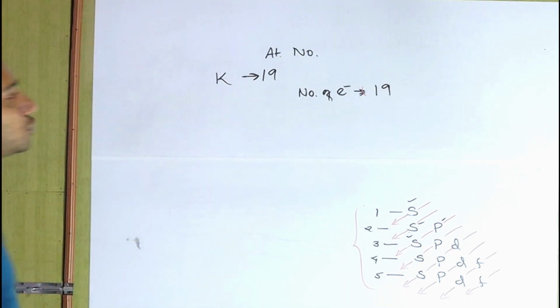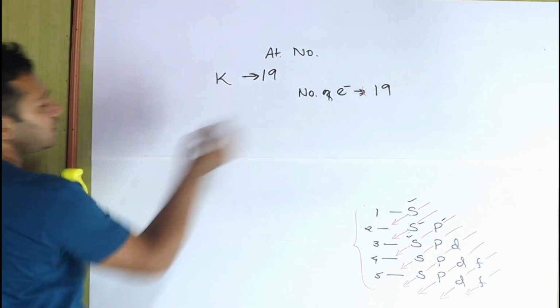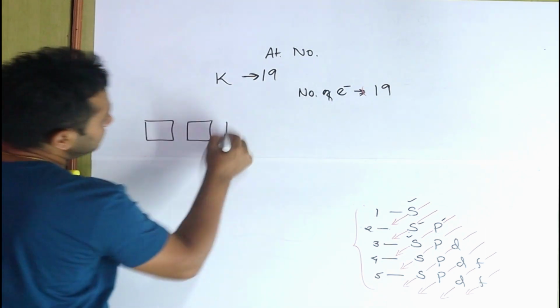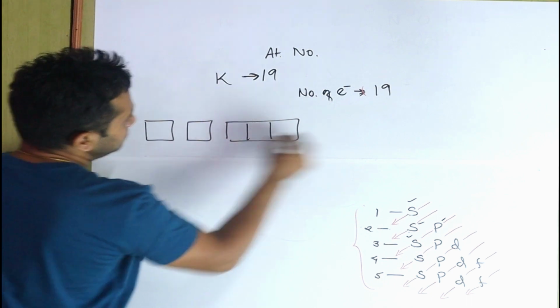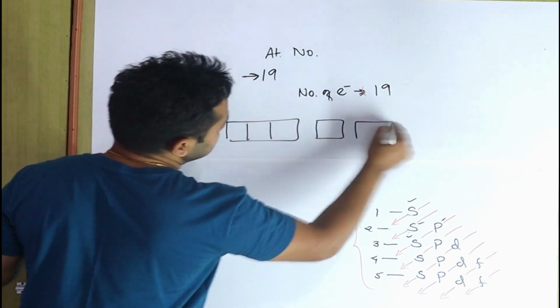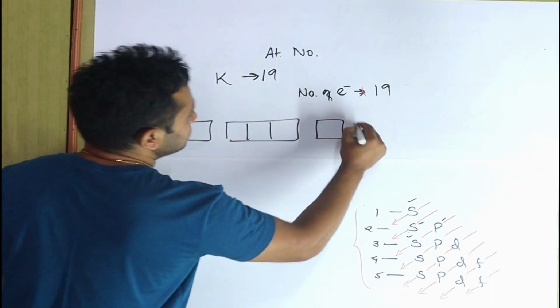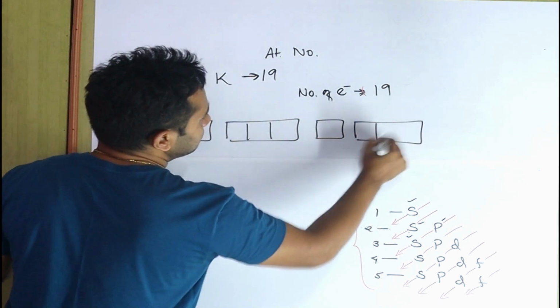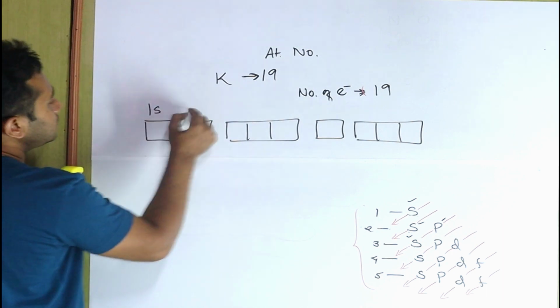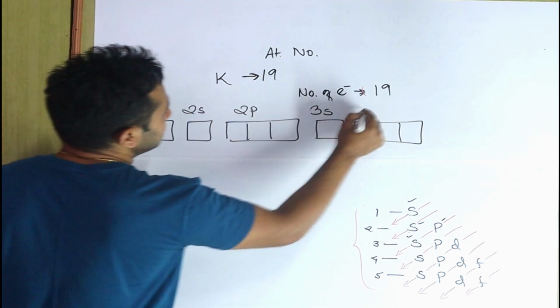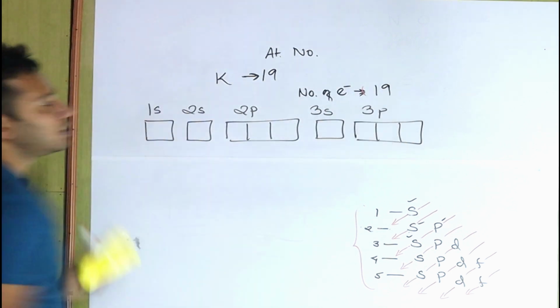So we have potassium. There are 19 electrons. Let me draw again: 1s, 2s, 2p, 3s, 3p.